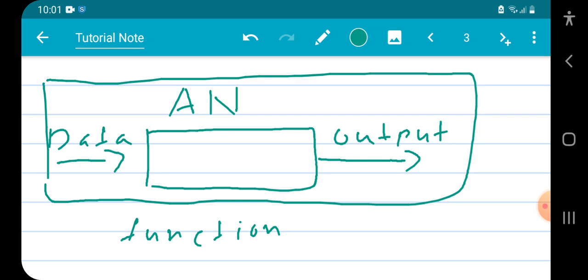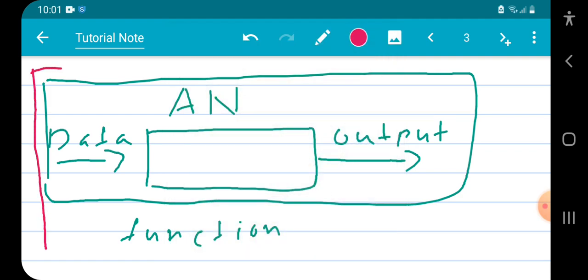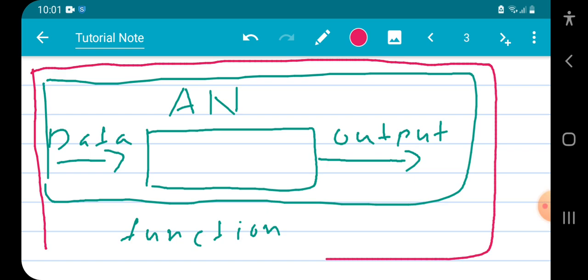An artificial neural network, on the other hand, has all of these functions connected to each other.